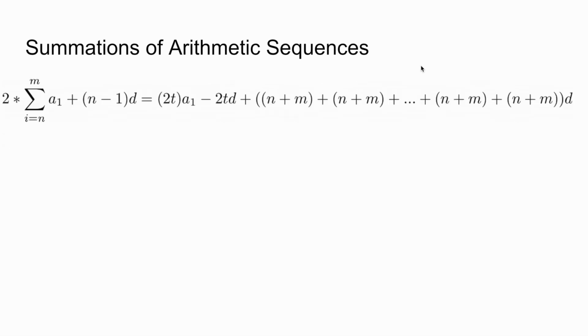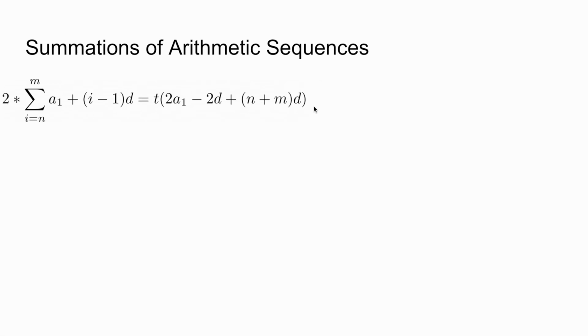And so we know that there's t times n plus m in here. So we have 2 times the sum of ai when i goes from n to m is equal to 2t a1 minus 2t times d plus n plus m times 2d, or td.